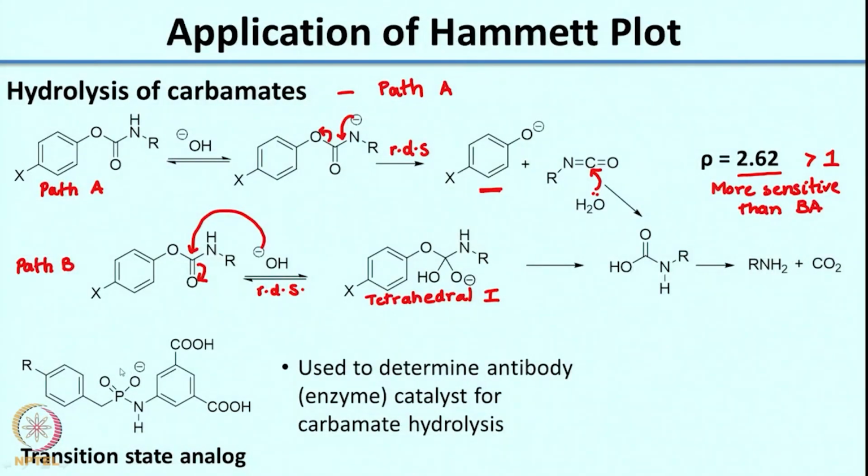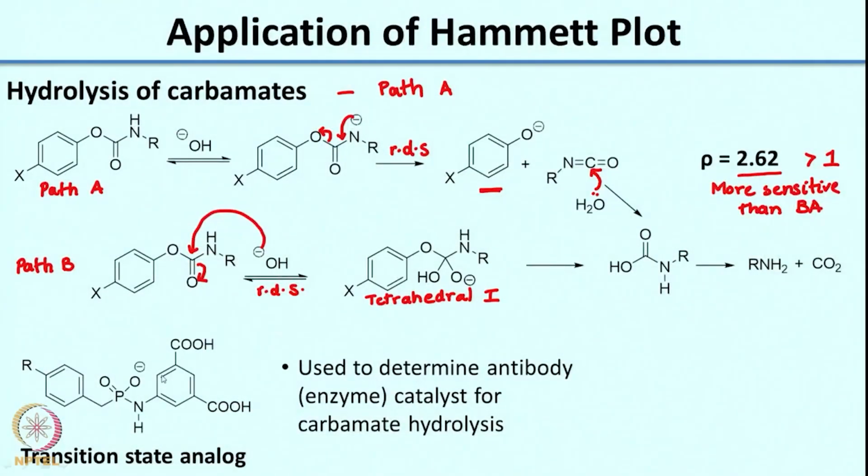So, in this case, the transition state analog was taken and multiple enzymes were screened to see which enzymes fit very well with this transition state analog. So, it is like a selection. You have this molecule and you are interacting it with a bunch of different enzymes to see which enzyme sticks to this molecule the best.